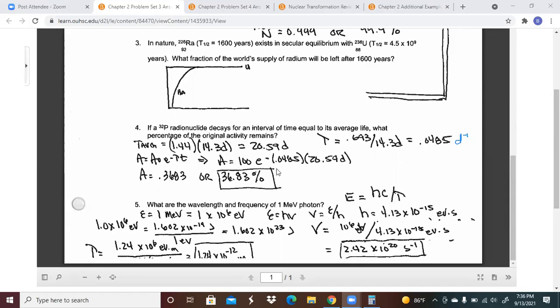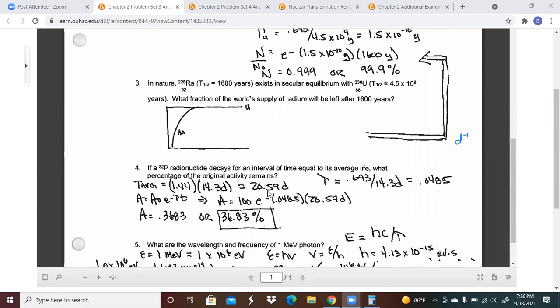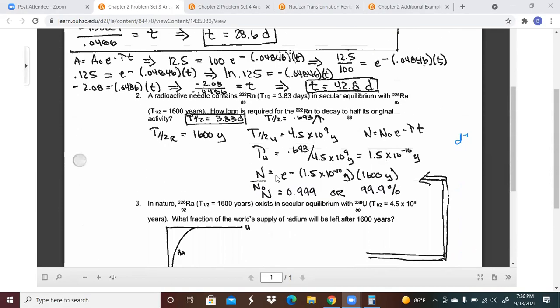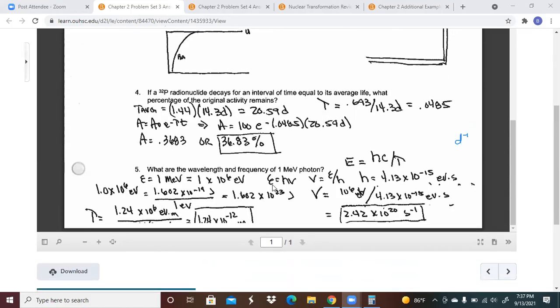Another way to work this is the same way as what they did up here. If you take both sides of the equation and divide it by the original amount that you have here, if they had done the same thing here, you would have ended up with that same expression, or that same answer, I should say.